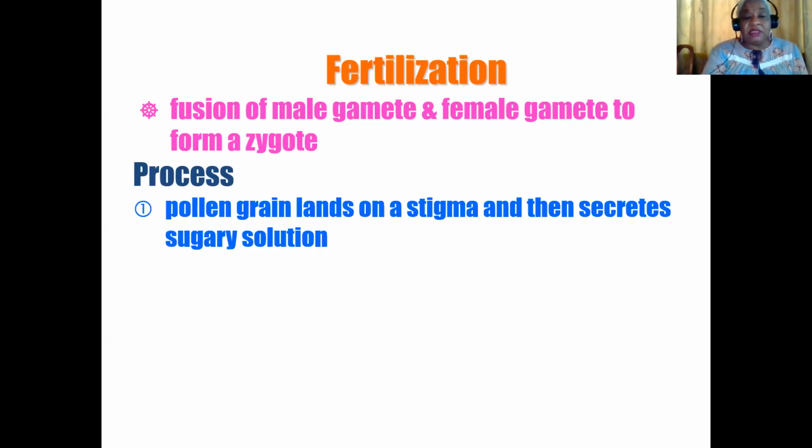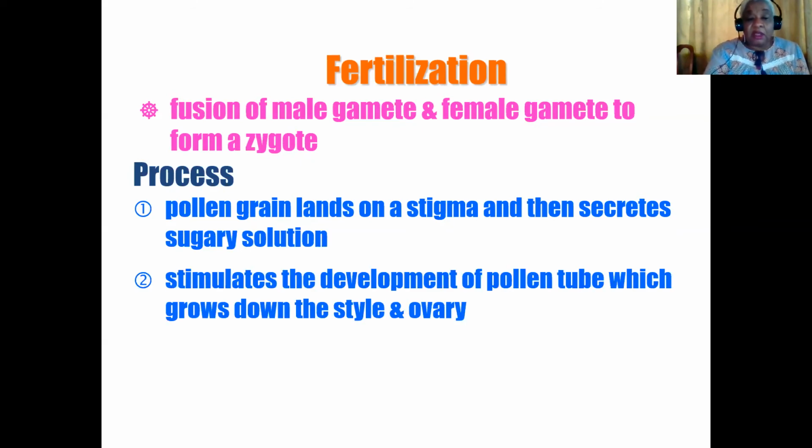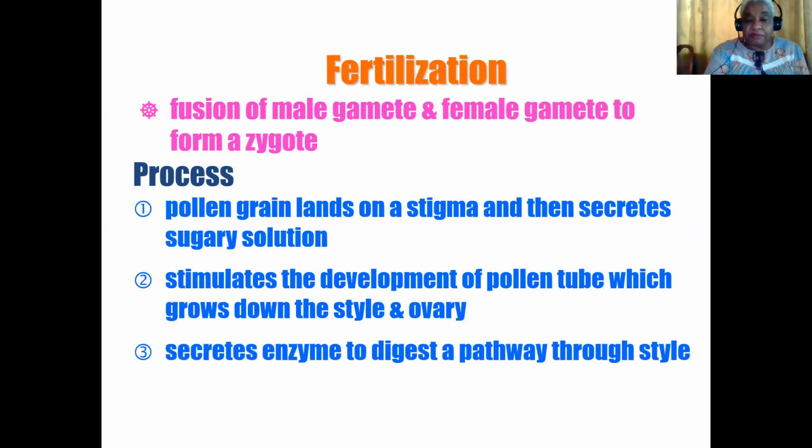So what happens is the pollen grains land on a stigma, and then they secrete a sugary solution. This stimulates the development of a pollen tube, which grows down the style and ovary. The tube secretes an enzyme to digest a path through the style. Secrete simply means gives off. And you've heard of enzymes before.